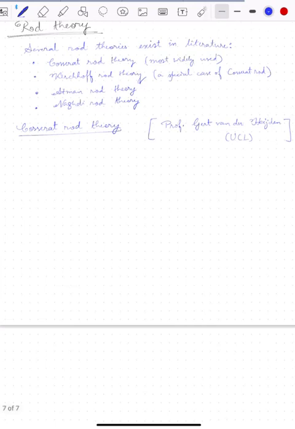There is a lot of such literature; you have books on rod theories and ribbon theories. One such book is on modeling nonlinear strings and rods. There are several such books, but just for this class, I'll be following notes by Professor Gert van Heijden.